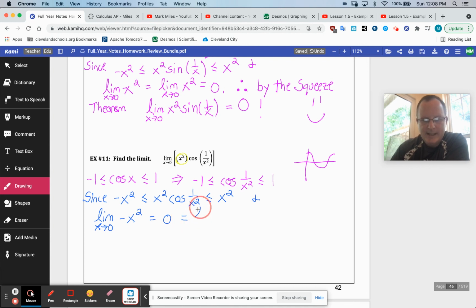Also, the upper piece of bread, we know that by just direct substitution. So that's true.